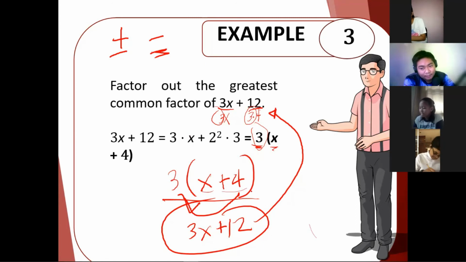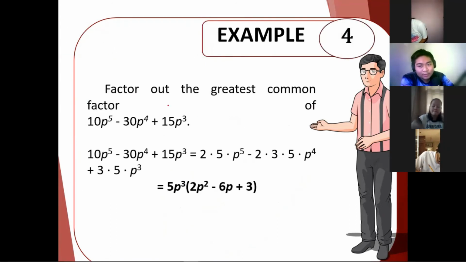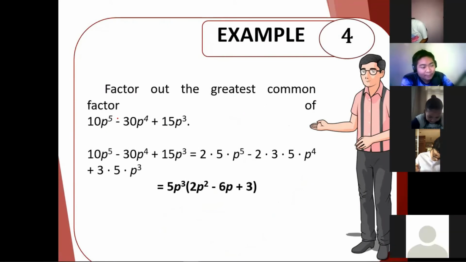Okay? Another example. Find the greatest common factor of 10p raised to 5, negative 30p raised to 4, and positive 15p raised to 3. Okay? So, kunin natin, 10 can be divided into 2 times 5.